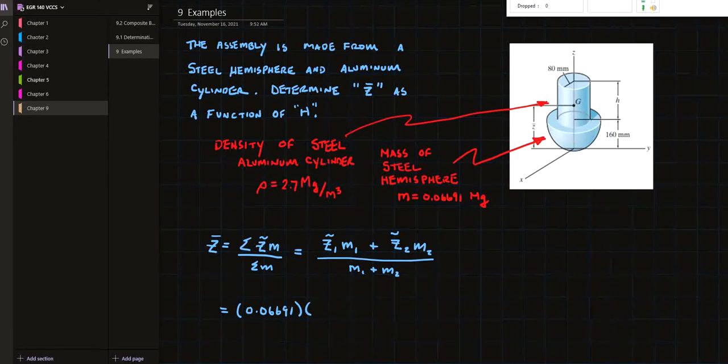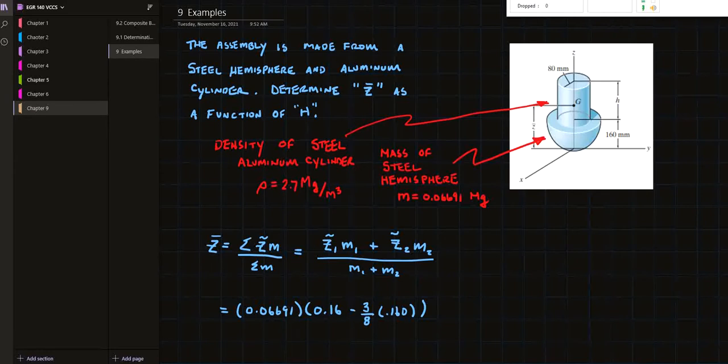So I'm going to have to take the total distance and subtract that off. So I'm going to go 0.16 meters, and then subtract off the distance from the top surface to the centroid of that hemisphere.